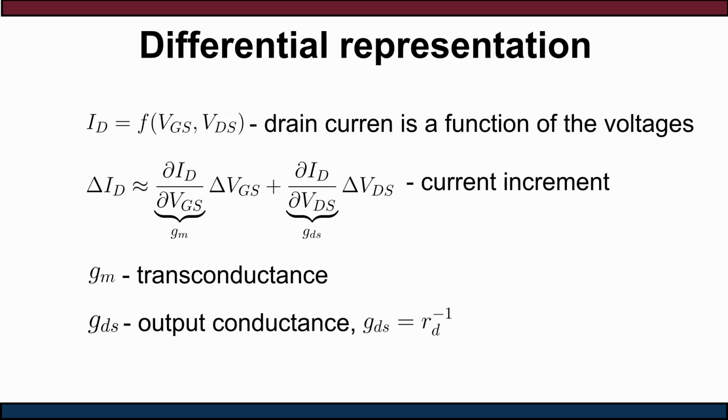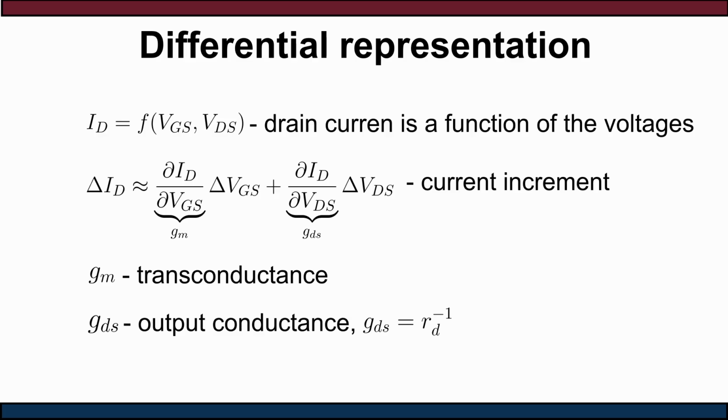Here appear the two most important small signal parameters. Transconductance, denoted as gm. This shows how sensitive the drain current is to the change in the gate source voltage. And output conductance, gds. This shows how sensitive the drain current is to the changes in the drain source voltage. This parameter is the reciprocal of the differential drain resistance.